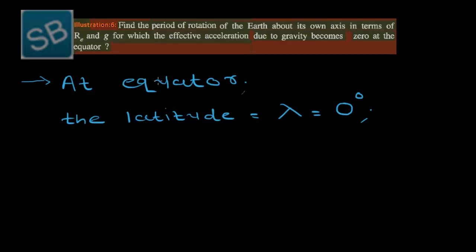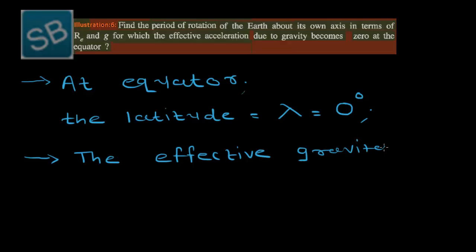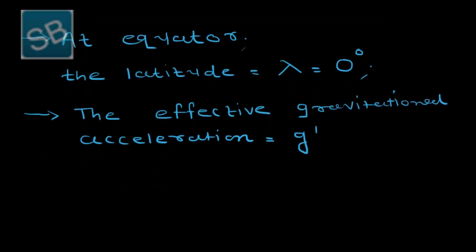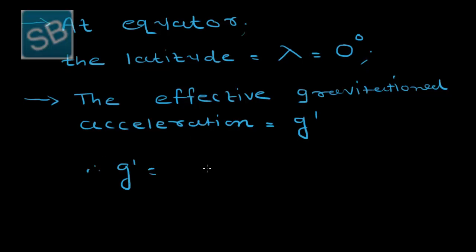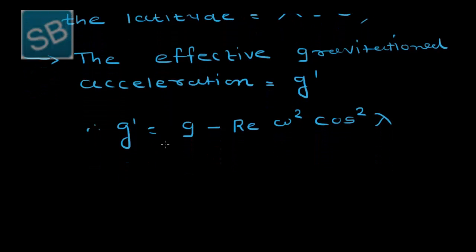And at a place having latitude lambda on the Earth, the effective gravitational acceleration is denoted as g dash, and the equation for g dash is equal to g minus RE omega square cos square lambda, and this equation we have obtained earlier, so it does not need much explanation.